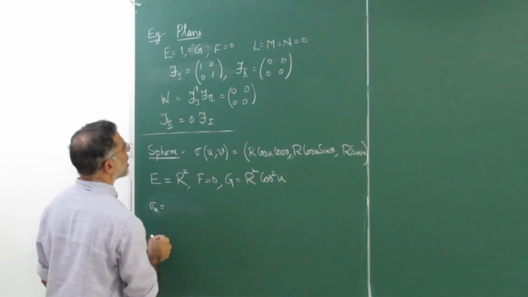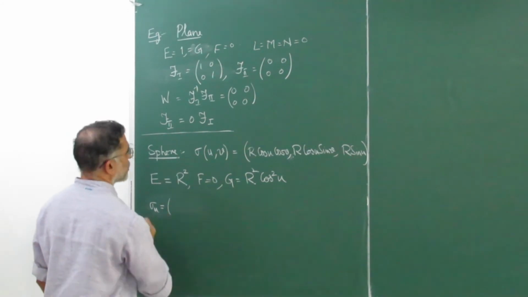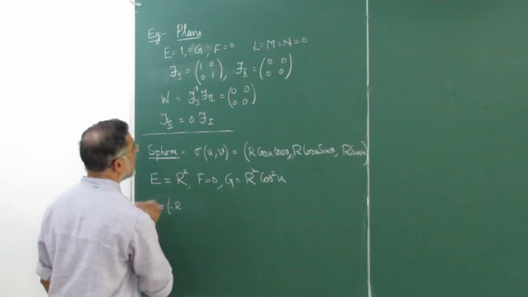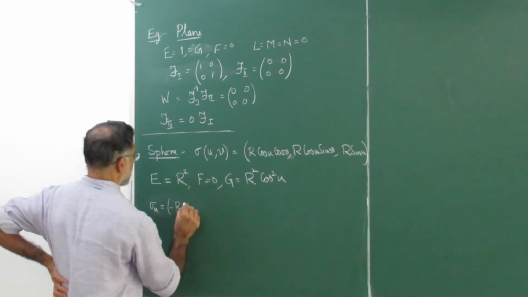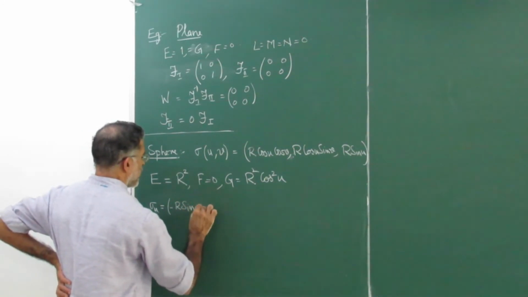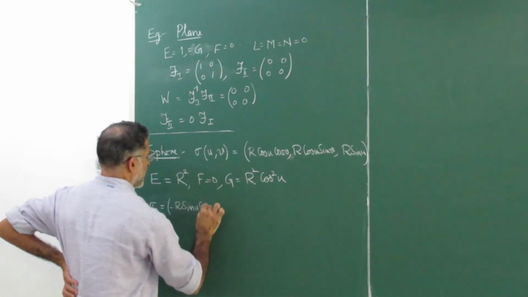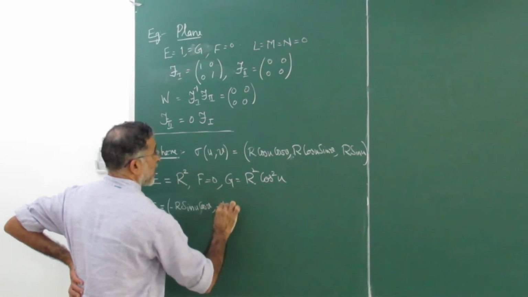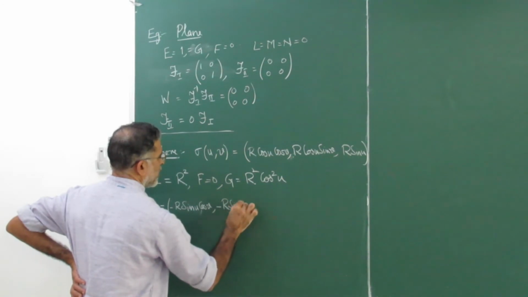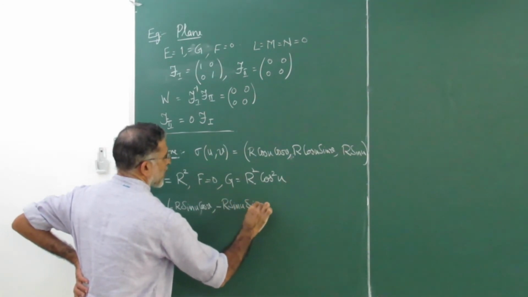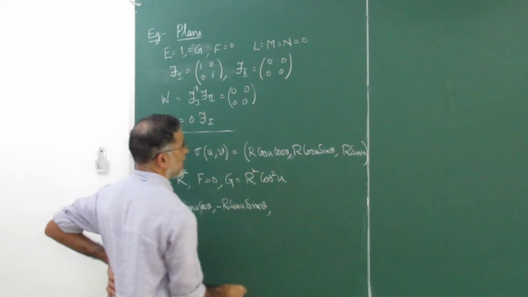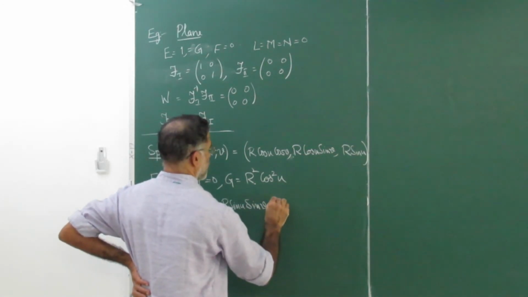So let's write down what is your sigma u. It is r sin u cos v, minus r sin u sin v, and finally that is r cos u.